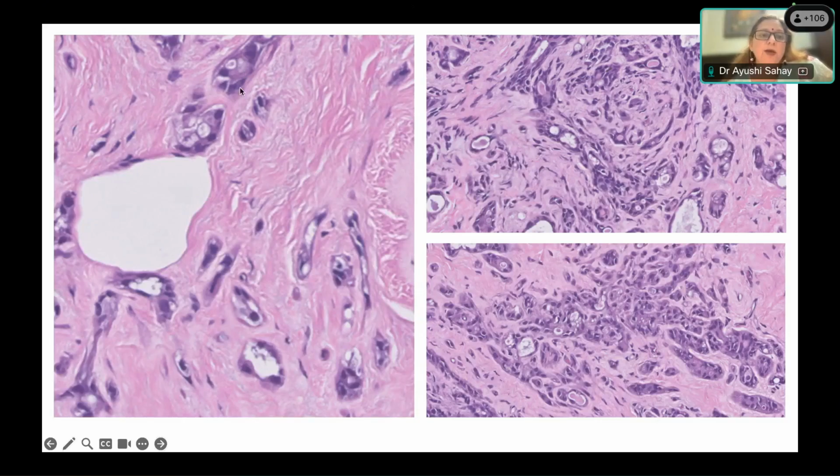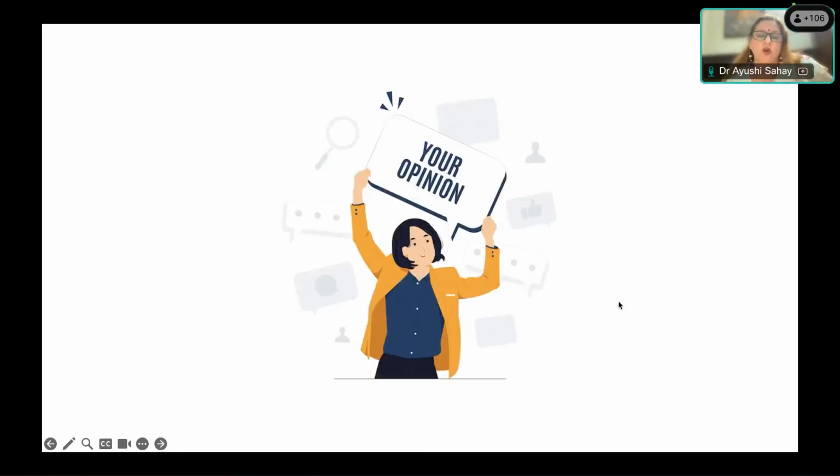Even at such high power you cannot make out the nuclei very clearly, and some of them are still compressed. So it is basically not having much pleomorphism. It is definitely not having mitotic activity, and all this that you thought is desmoplasia, yes, it could be desmoplasia, but it has a very pink myoid kind of architecture, and this is causing the ducts to become elongated and compressed. So how would you approach this?